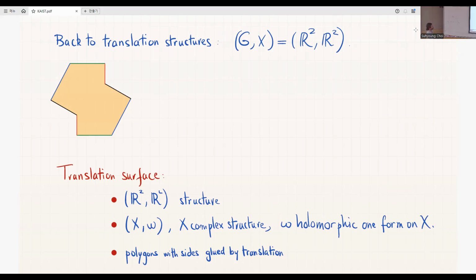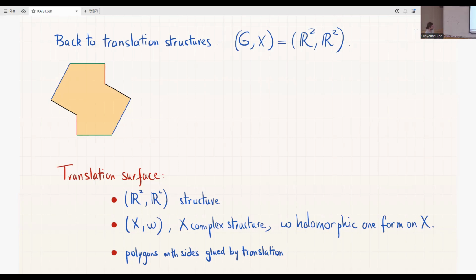And another way of thinking about those objects is as follows. Since you have charts in the plane, you actually get a complex structure on your surface. And you also have the form dz that is invariant by translation. So you get a holomorphic one-form on your Riemann surface.